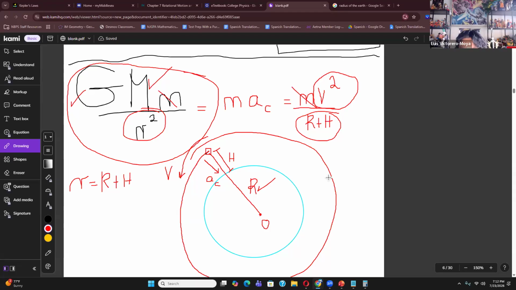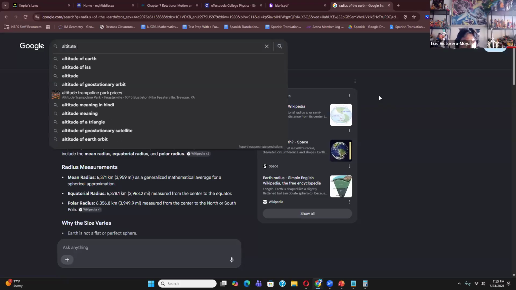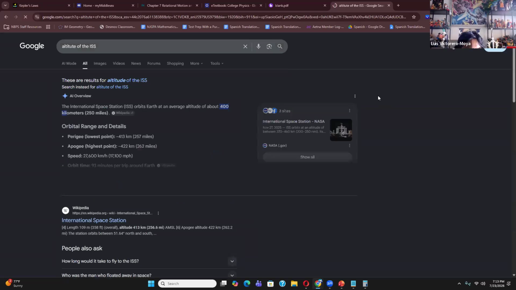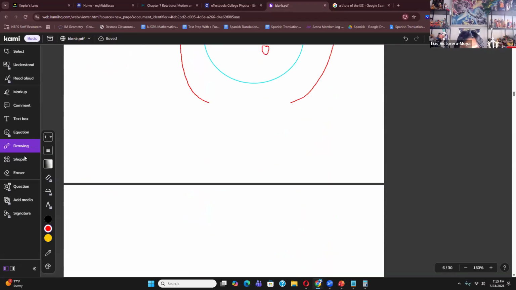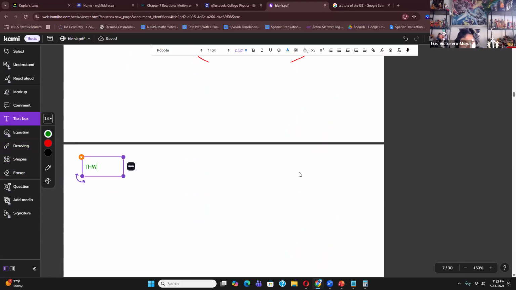All right. So let's find that. In fact, let's do a real one. It's about 420 kilometers. Yeah, 400 kilometers. So the ISS is at about 400 kilometers above the surface of the Earth.